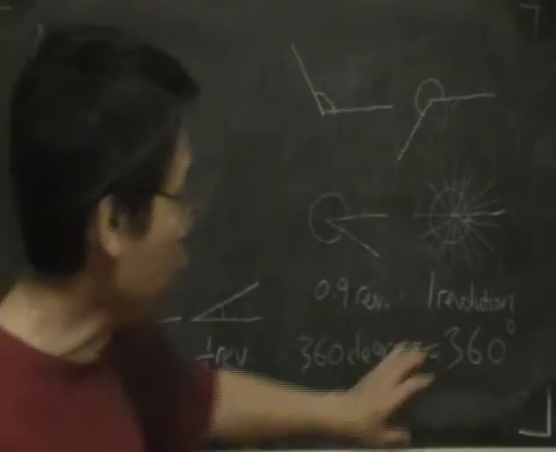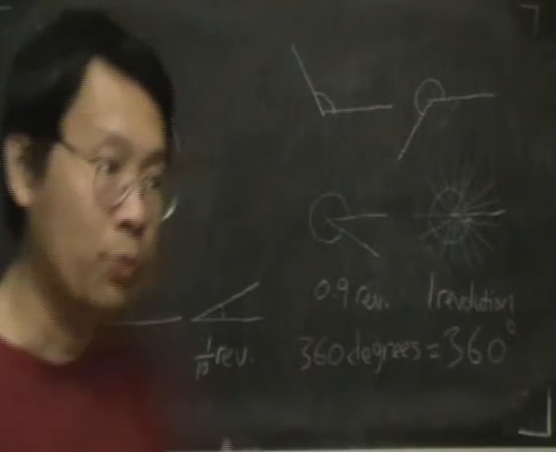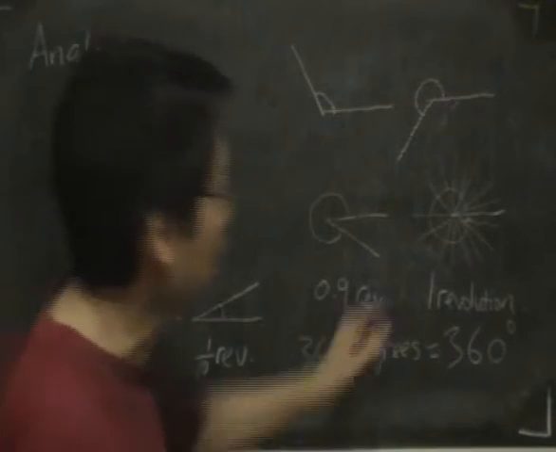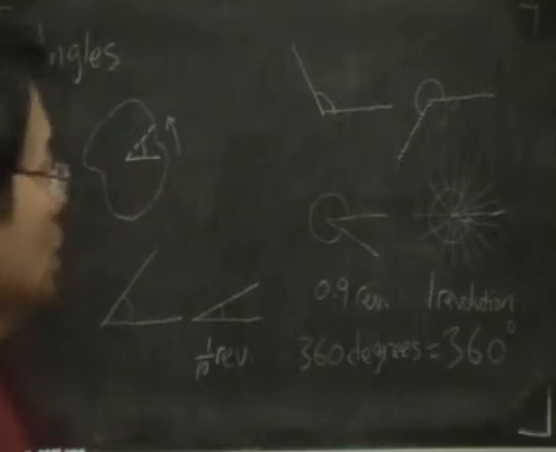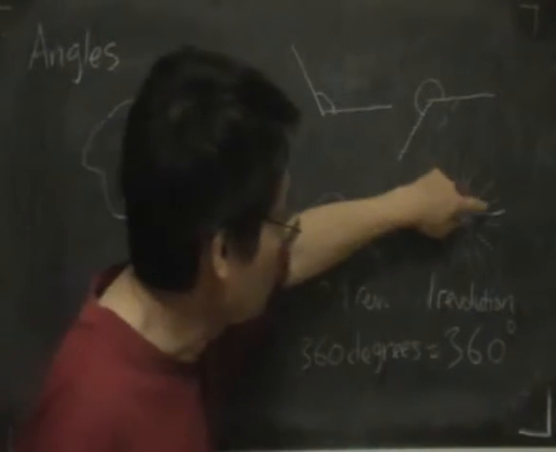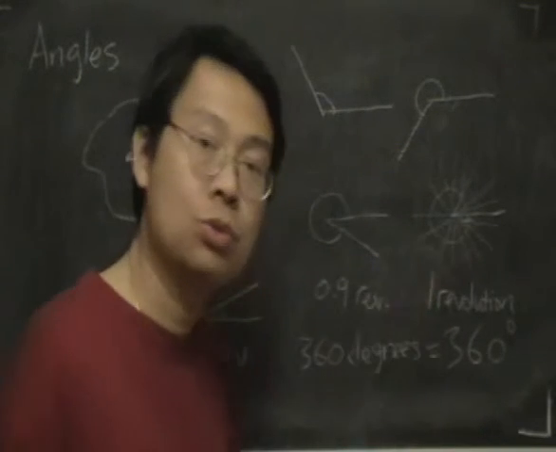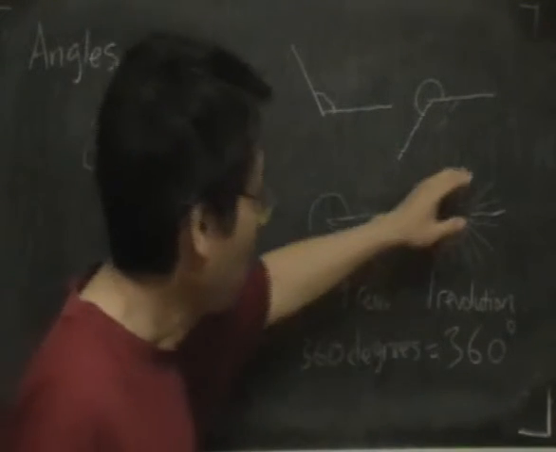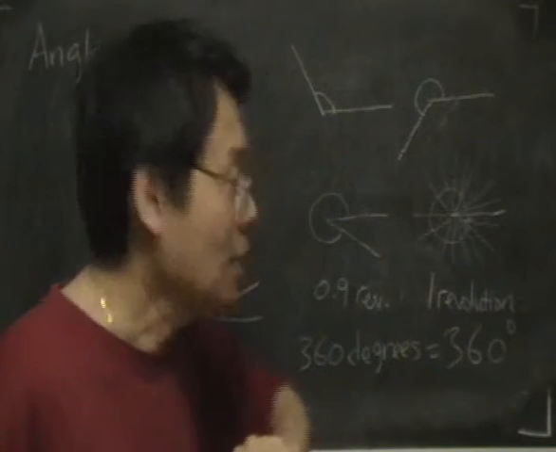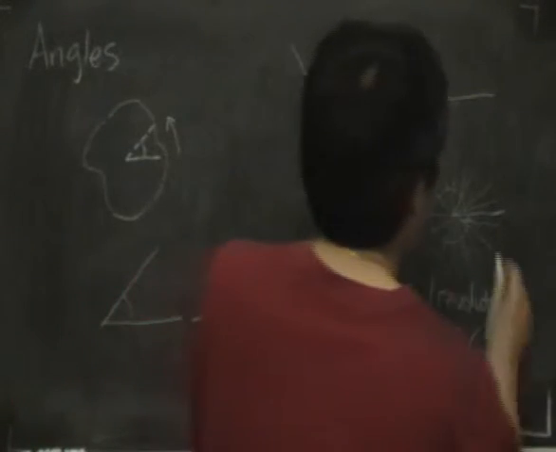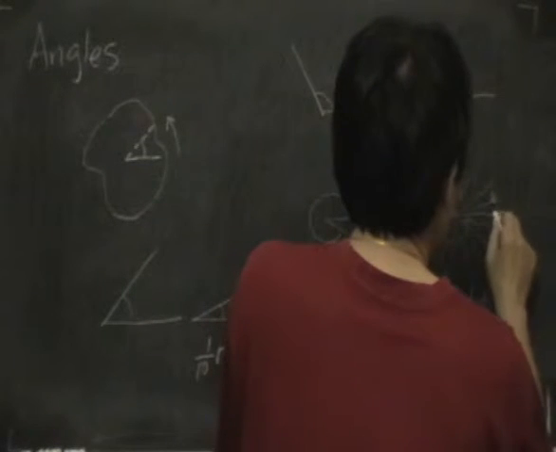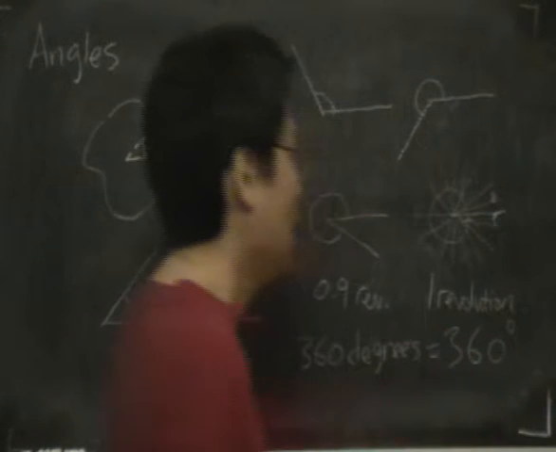Now you can imagine 360 is quite a large number, so each of these little parts would be quite small. So I haven't really drawn all 360 parts of this revolution, but you get the idea. So 1 degree would be just one small part of that.